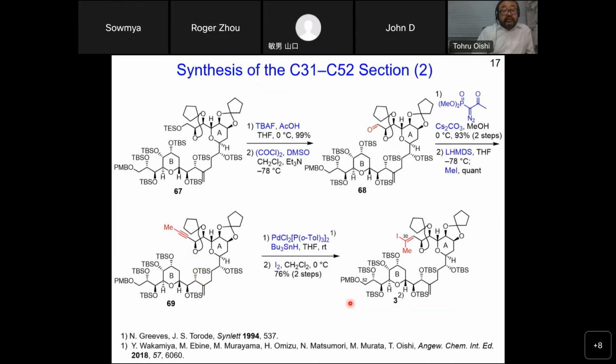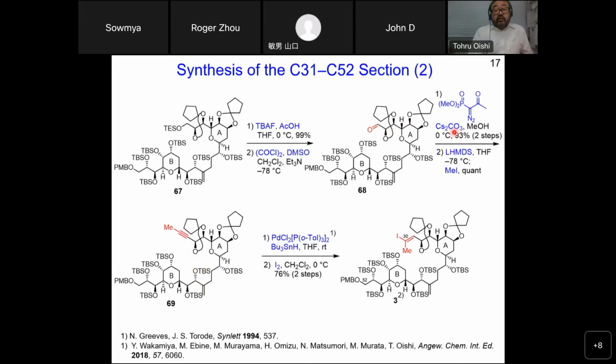Then after removal of the TES group, the resulting alcohol was oxidized to aldehyde, and this aldehyde was converted to the alkyne via homologation by using the Ohira-Bestmann reagent in the presence of cesium carbonate.